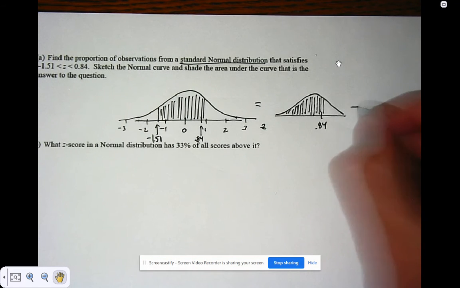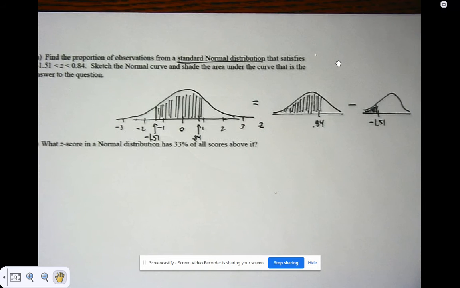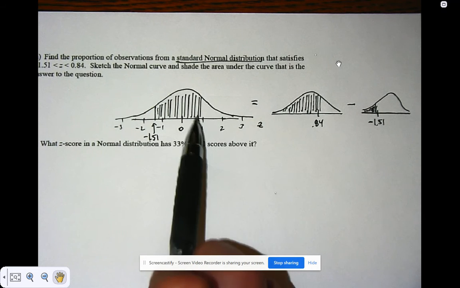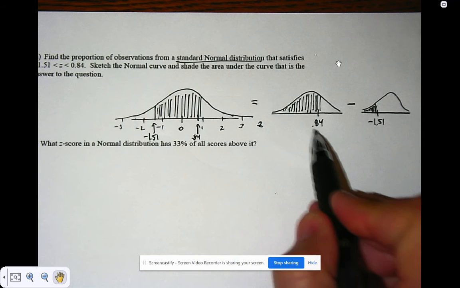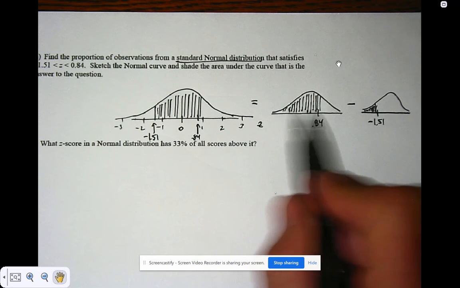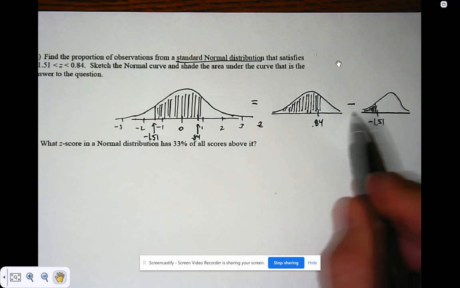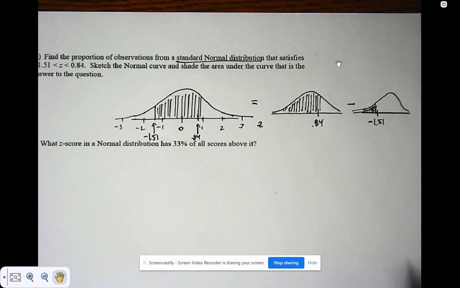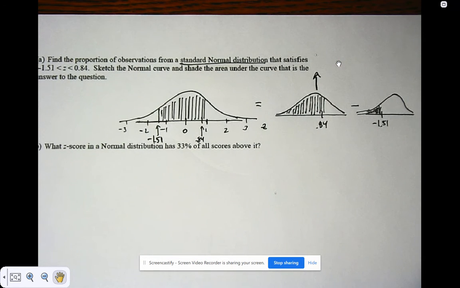So I'm going to subtract, going back to table A, -1.51, whatever that value is, right? And so I'm going to go to table A and find the percentage or the proportion that's below 0.84. But that is too much, right? I don't want all of this. And so I have to subtract that tail piece.